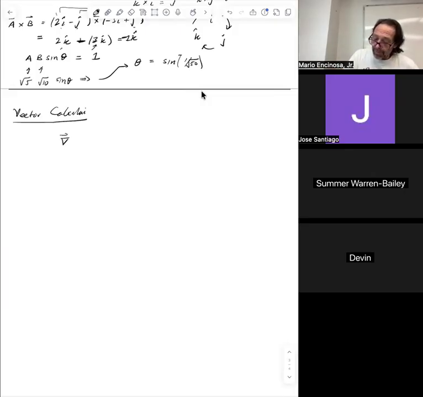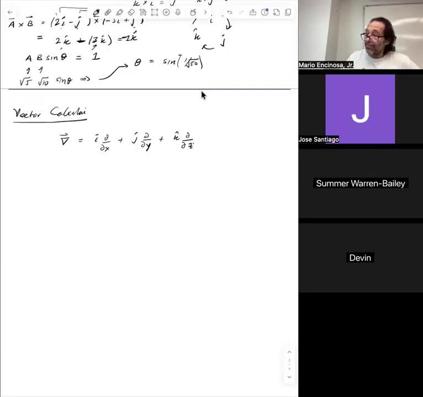Grad, with a little vector over it: i hat partial partial x. That is a vector operator. Its goal in life is to find a scalar function on which to operate.